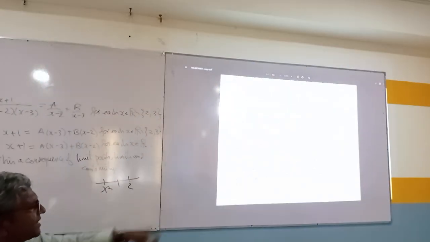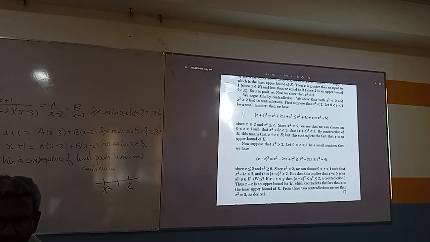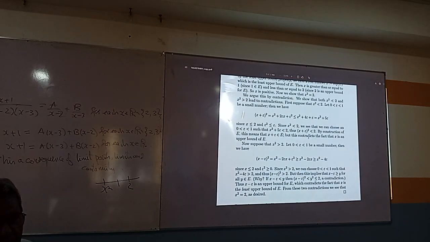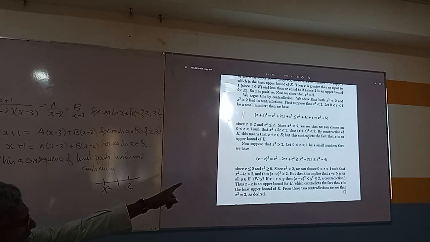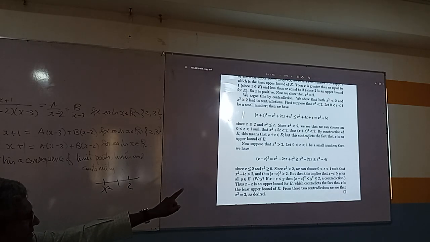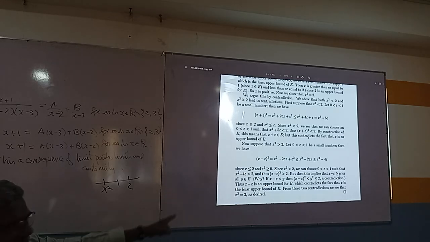So that is, he has written x squared minus 4 epsilon. And thus, x minus epsilon whole thing squared is greater than 2. So that is that. Can you see? Now, over there, he wrote let 0 less than epsilon less than 1. This epsilon is not that one.